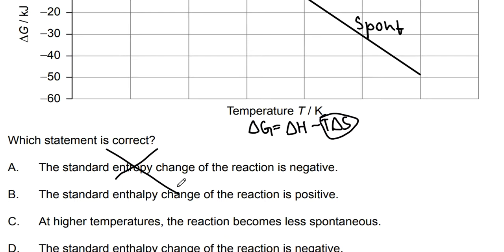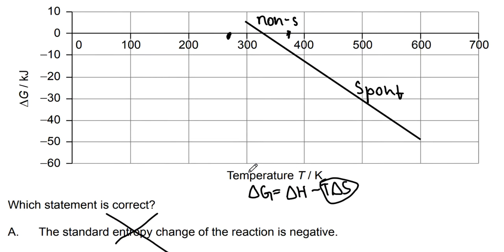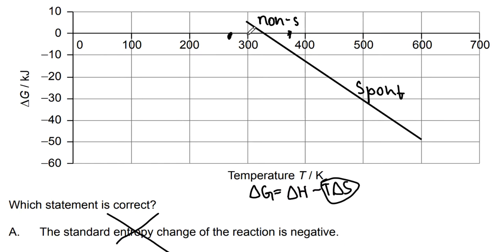The standard enthalpy change of the reaction, well, we see that at around this temperature, it's positive. So delta H must be positive as well because at lower temperatures, the T delta S value is going to be smaller and smaller.